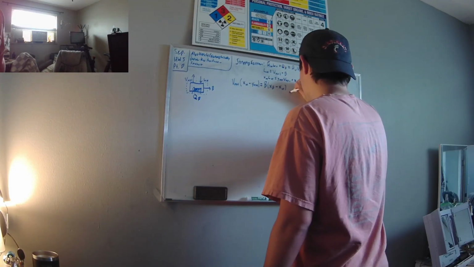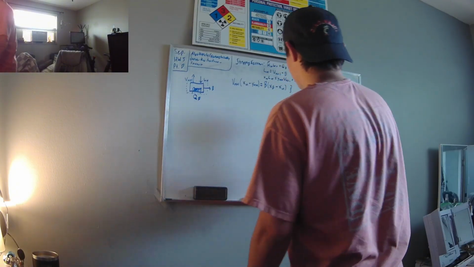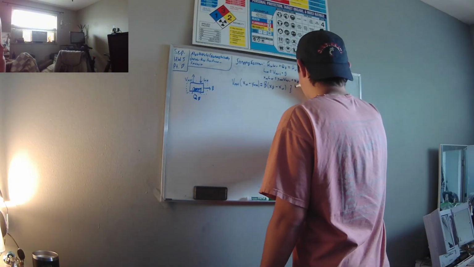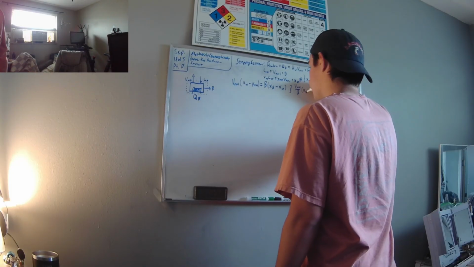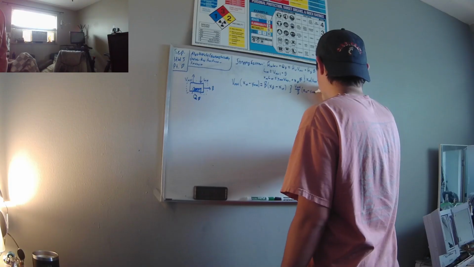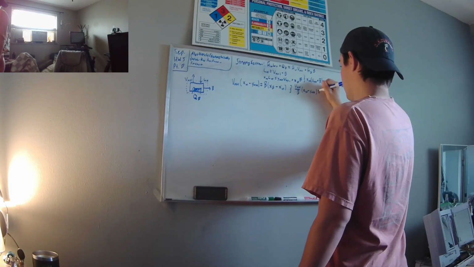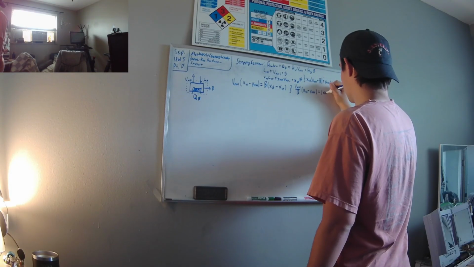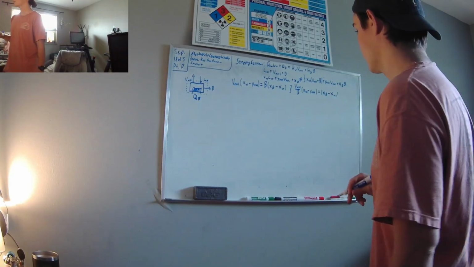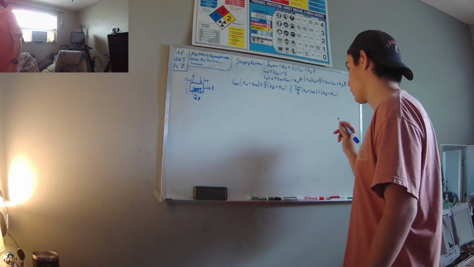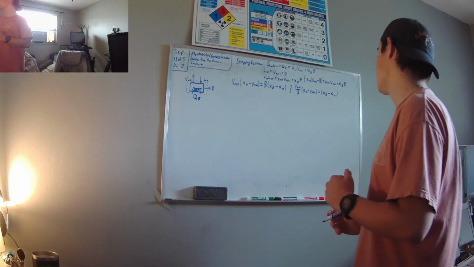And then, as we did before, I'm just going to divide out that B, which is going to give us Vn+1 over B times (xn minus yn+1) equals xB minus xn. And that is going to be our stripping material balance we're going to use for our Ponchon-Savarit.